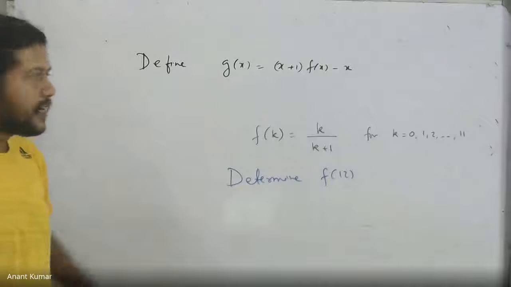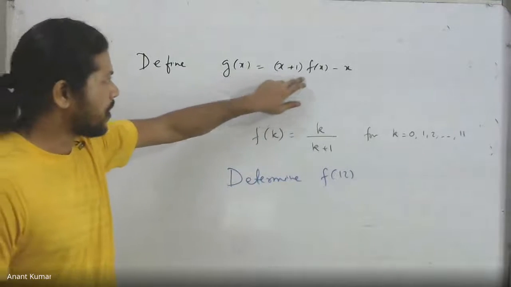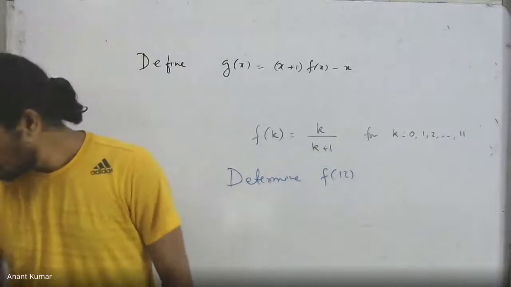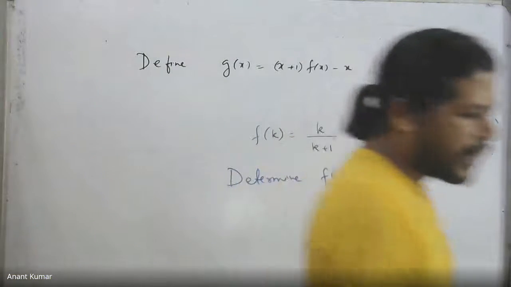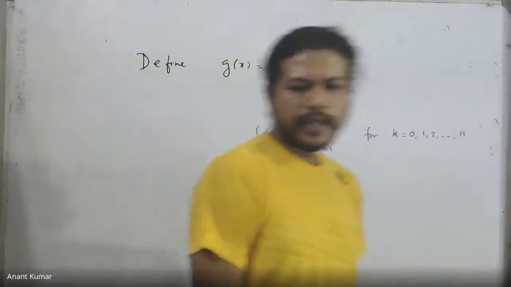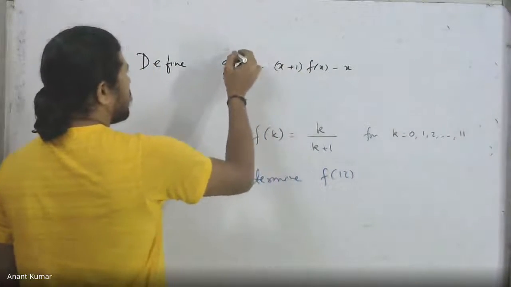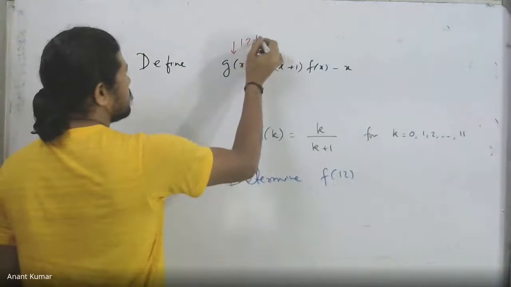Then what we have got is, first of all, a 12-degree polynomial, because f of x is already 11 degree, and I'm going to multiply with x plus 1, which makes it effectively a 12-degree polynomial.